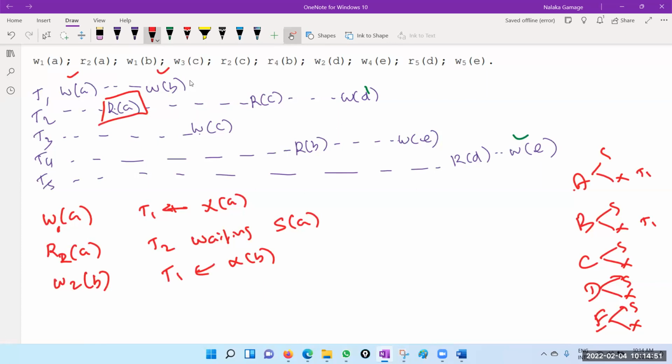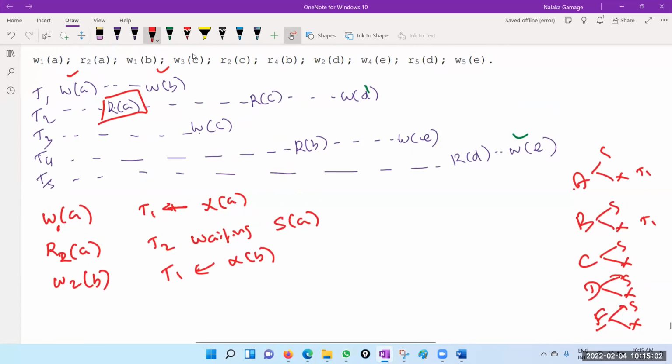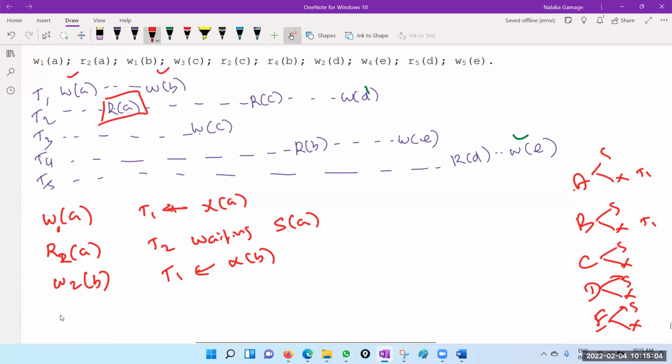Now the examiner says at the end of the last step, assume that it can commit. So you can just say commit transaction 1. That means it can now release both XA and XB.